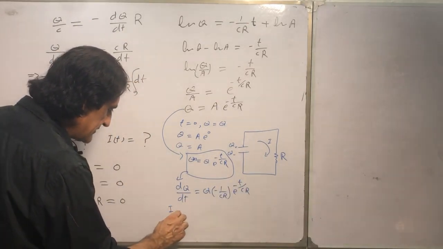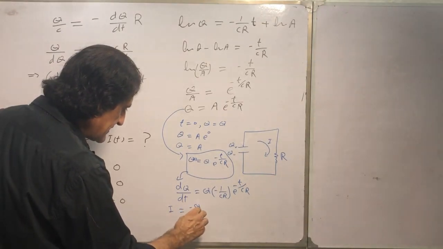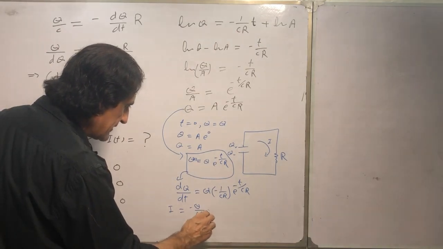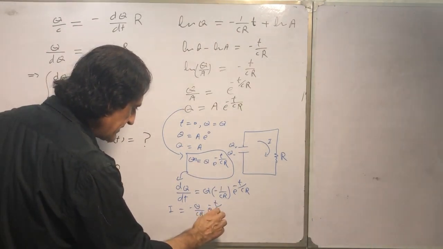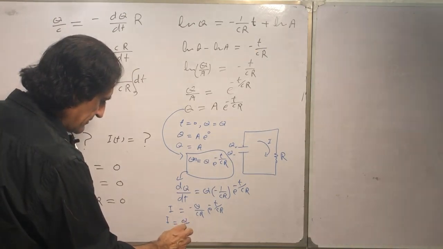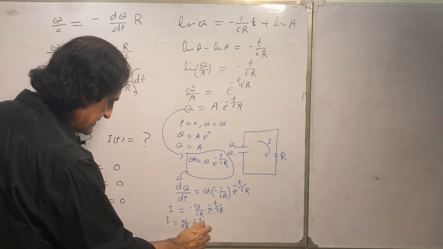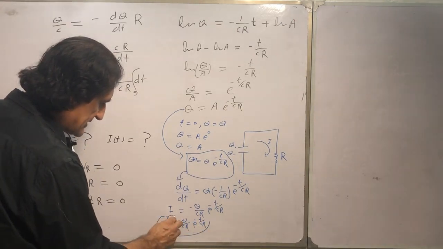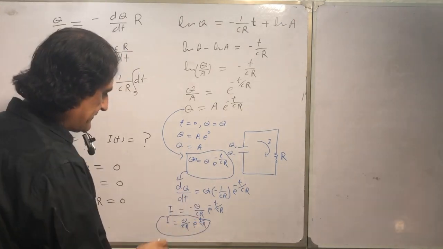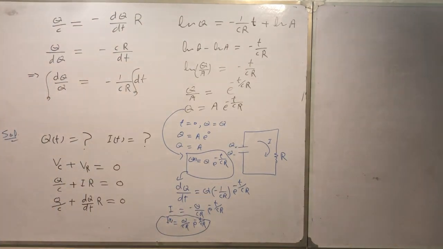This is the current, which is equal to minus q naught divided by cr times e to the power minus t divided by cr. And this is the expression of the current I, which is a function of time t.